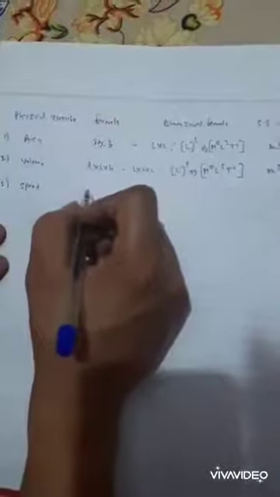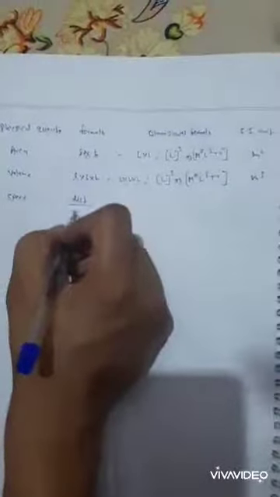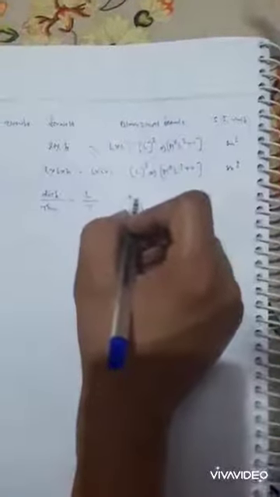Third physical quantity is speed. So the formula of speed is distance by time. So for distance we use L, for time we use T. So therefore it will be L1 T minus 1, and the dimensional formula will be M0 L1 T minus 1, and SI unit is meter per second.